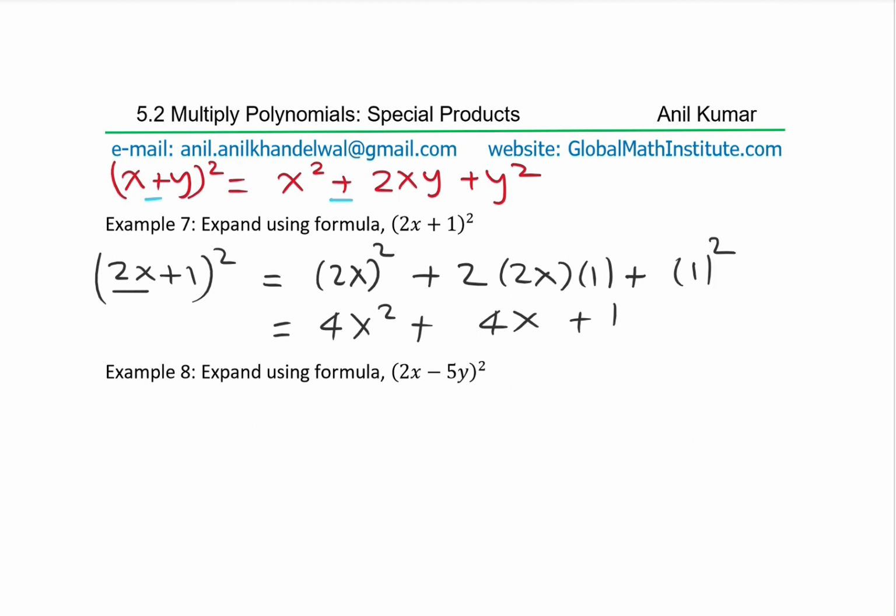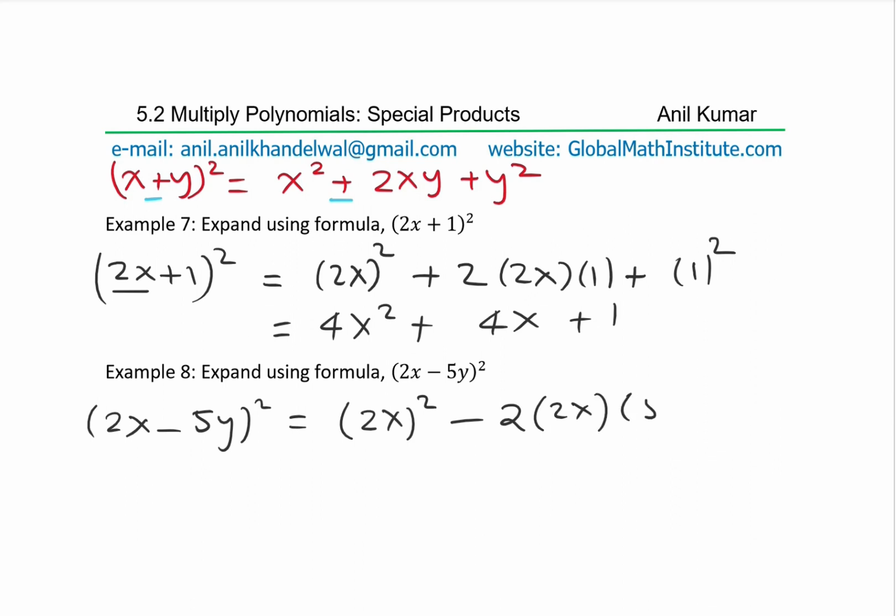Again, let us once again try to do example number 8. At this stage, I would like you to pause the video, answer this particular question, and then match with my solution. (2x minus 5y) whole squared. So when you square it, first term squared, which is (2x) whole squared, minus twice the product of both 2x and 5y, plus the square of the second term, which is 5y.